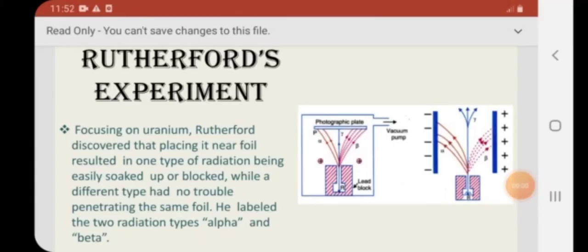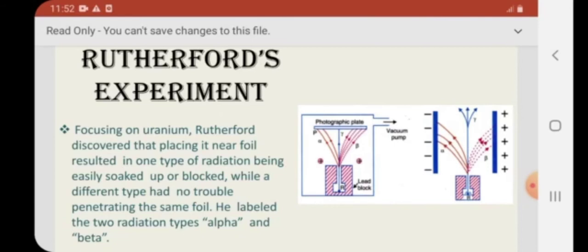Rutherford's experiment. The existence of three types of radiation is demonstrated by the following simple experiment. A small quantity of radium R is placed at the bottom of a small hole drilled in a lead block. A fairly parallel beam of radiation from R will issue through the hole.